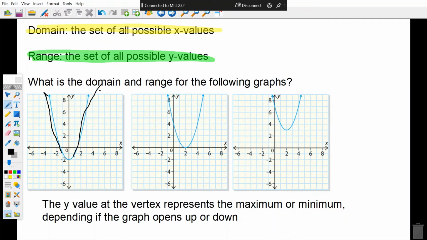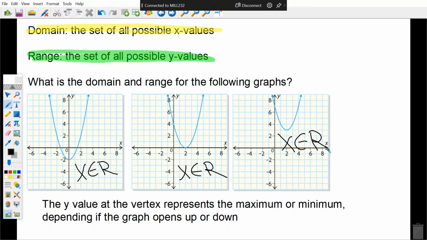If you could extend the graph, the line would go further and further forever. So the domain for all of these is x ∈ R. And if you remember what x ∈ R means, it basically means that every real number is a value for x, because the graph just goes bigger and bigger forever. So every x value is inside this graph. That's the domain for basically any question you're going to come across this chapter. It's always x ∈ R. More often they ask you about the range.